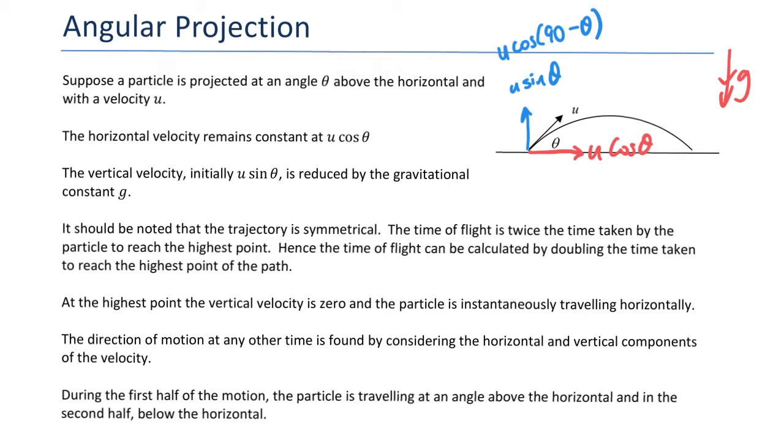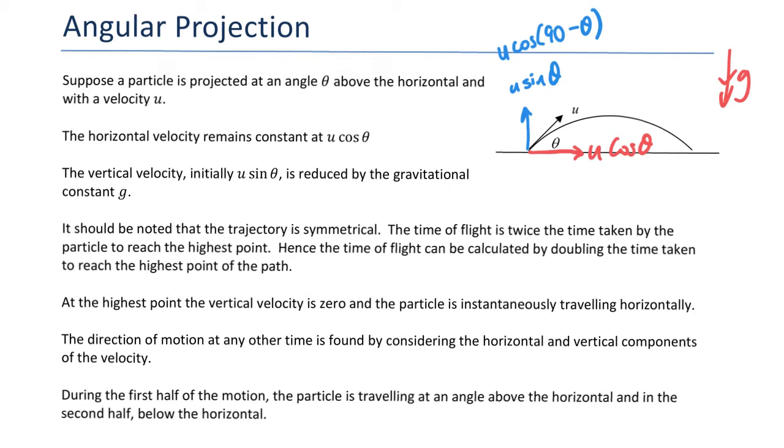Because the constant due to gravity is constant, the velocity is going to decrease up to zero, and then it will increase at the same rate that it had been decreasing. So the time that it takes to slow down will be the same time that it takes to speed up. So the flight time can be calculated by doubling the time taken to reach the highest point.